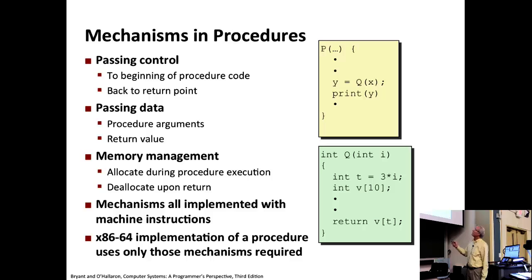One is there's a notion of control. So in my example, I show a procedure P calling a procedure Q. And so when P calls Q, then somehow the program has to jump down and begin executing the lines of code for Q. And then when Q hits its exit point, its return point, somehow it has to get back to P, and not just to any old place in P, but specifically to whatever comes in P right after the call to Q. So somehow we have to record the information about where the return should be to be able to return to the correct place.